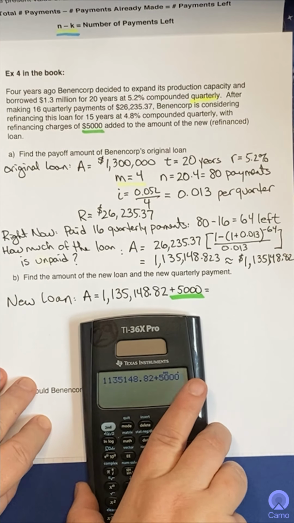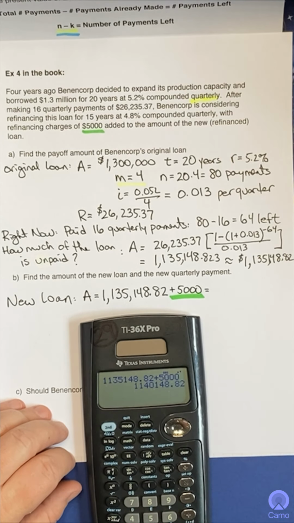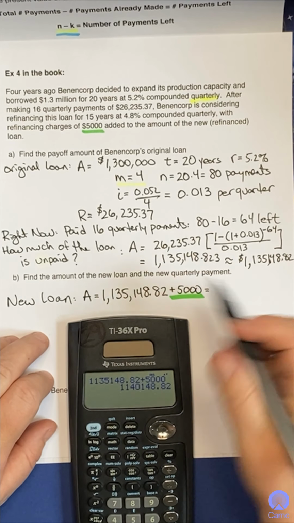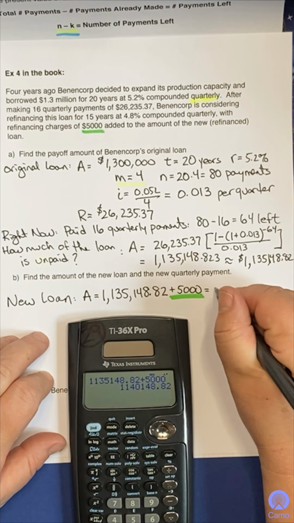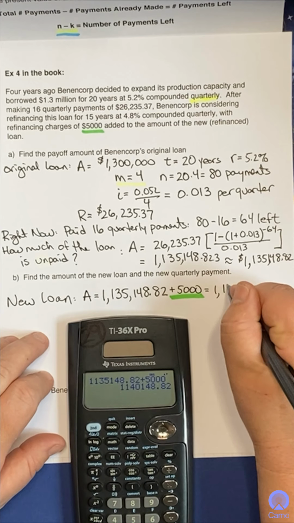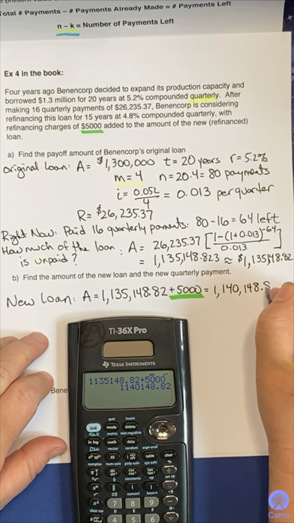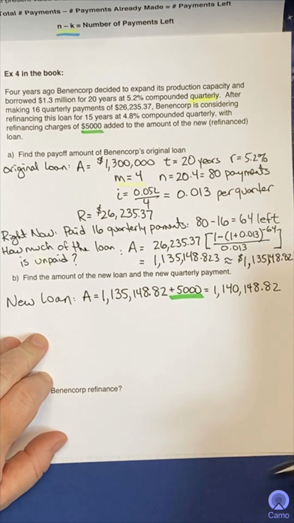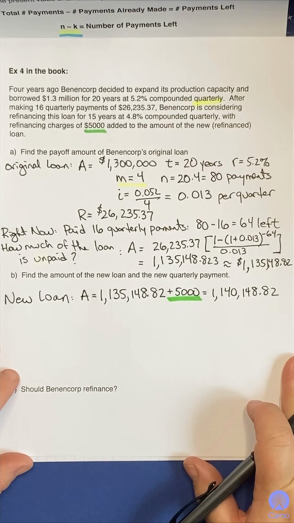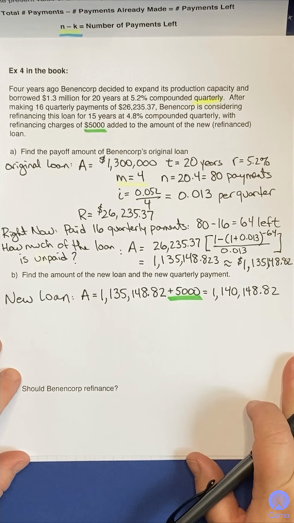Let me show you right there. Equals, and it's not surprising if you add 5,000, $1,140,148.82. So that's our new loan amount if we want to change loans.